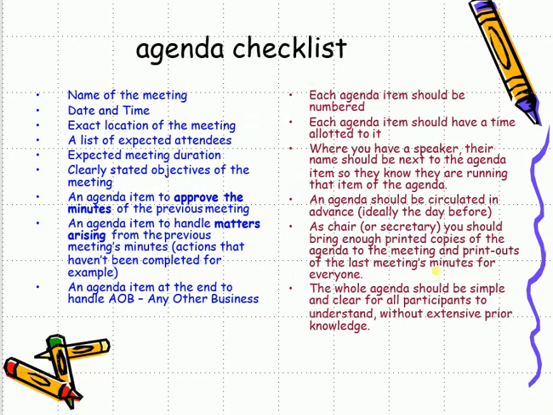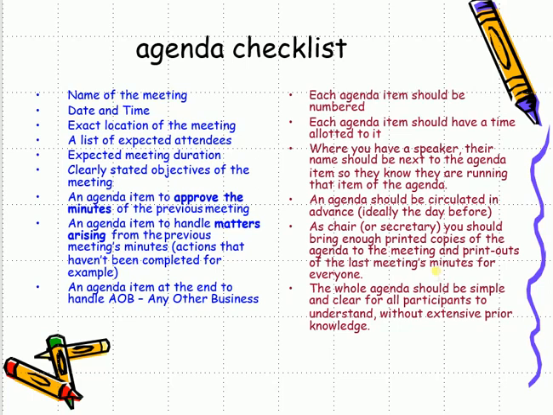So this is a checklist. Name of the meeting, date and time, exact location, list of expected attendees, expected meeting duration, clearly state objectives of the meeting, an agenda item to approve the minutes of the previous meeting, an agenda item to handle matters arising from the previous minutes, and an agenda item at the end.